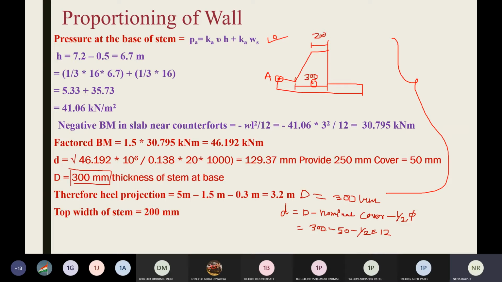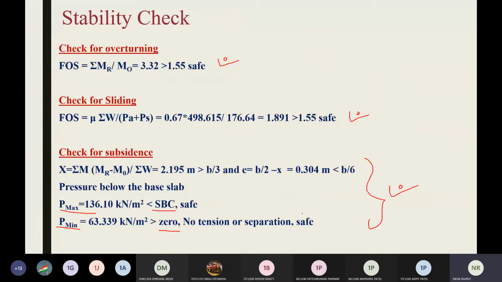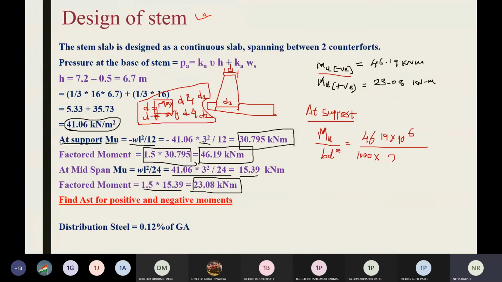So 244. So I am considering my small d as 244 mm. Right. So here I am taking that 244 square. Right. So my Mu upon bd square is coming out to be 0.775. So this is my Mu by bd square.